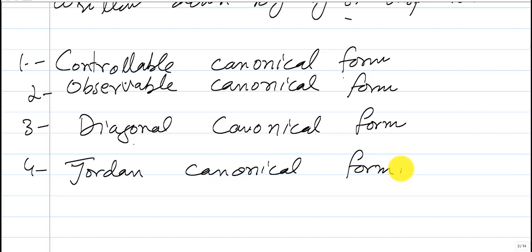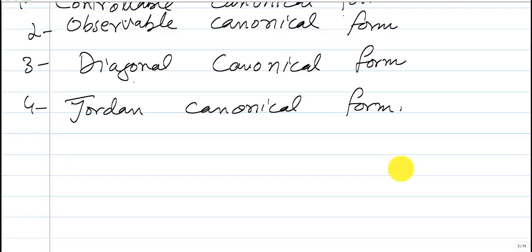So we will see these canonical forms in this course. Let's look at the first one, which is the controllable canonical form.